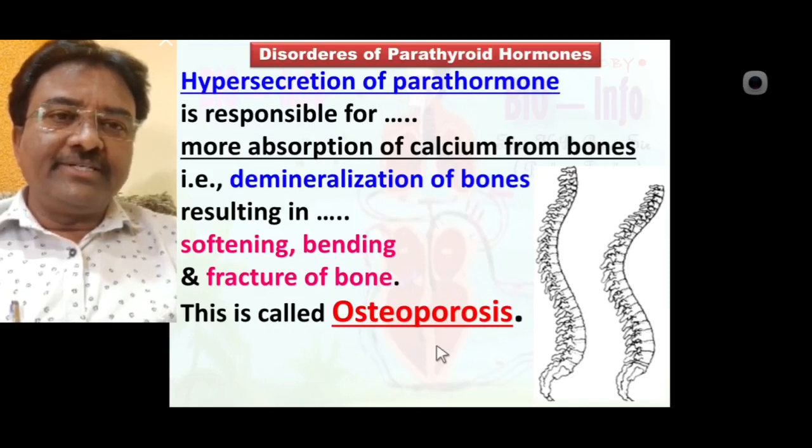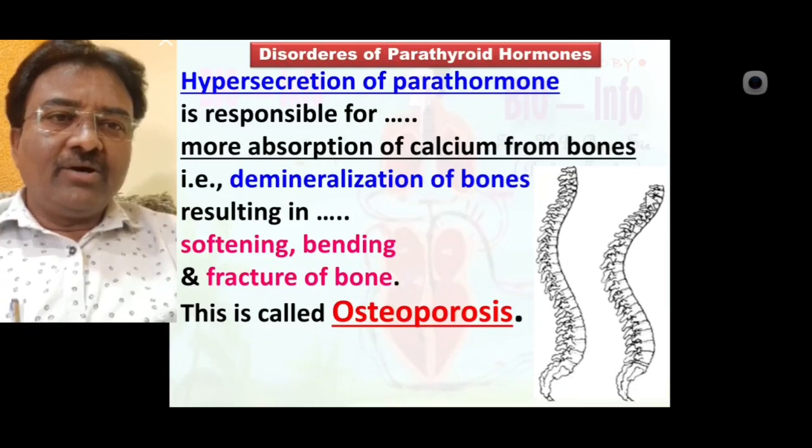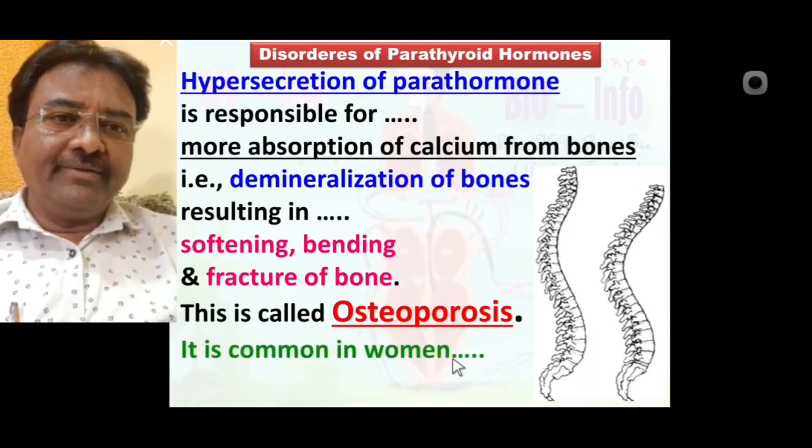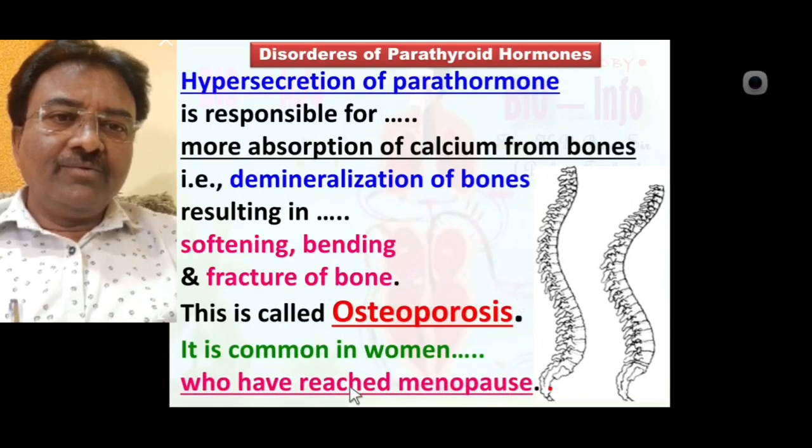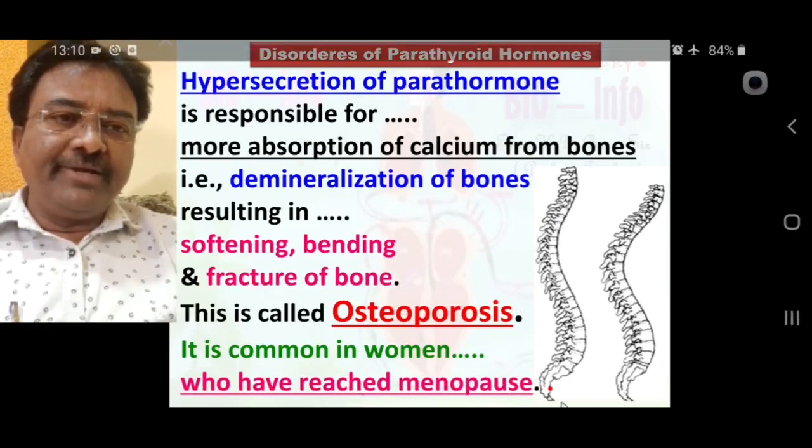Such a condition of bone is called osteoporosis, because of hypersecretion of parathormone. It is common in women who have reached menopause.